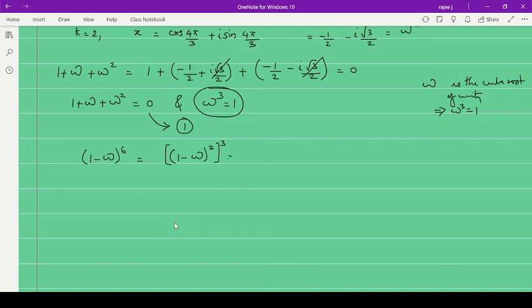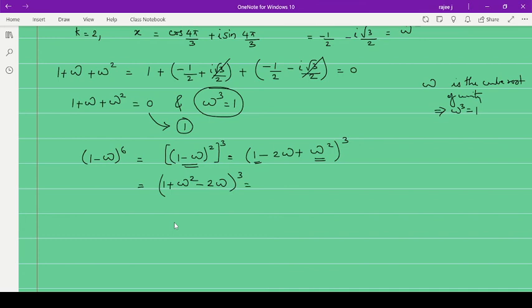Now just expand this, a minus b the whole square: a square minus 2 into 1 into omega, so 2 omega, plus b square. b square means omega square, the whole raised to 3. Now I am going to write 1 and omega square together, so that is 1 plus omega square, and minus 2 omega, the whole raised to 3.